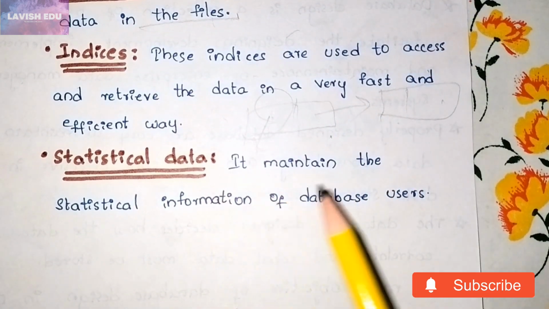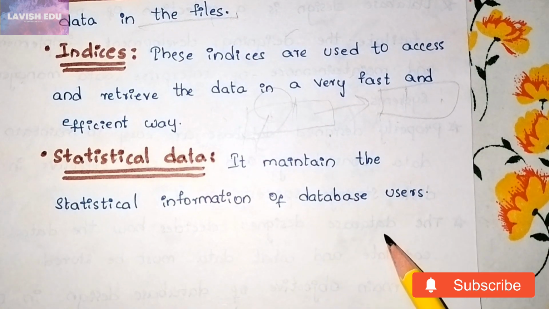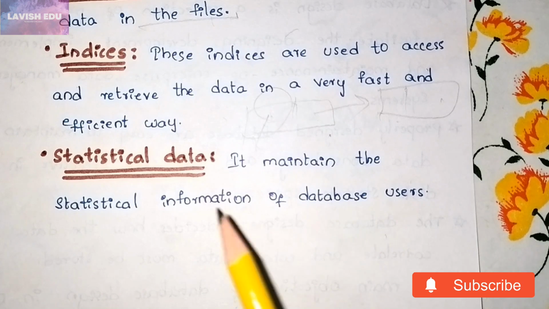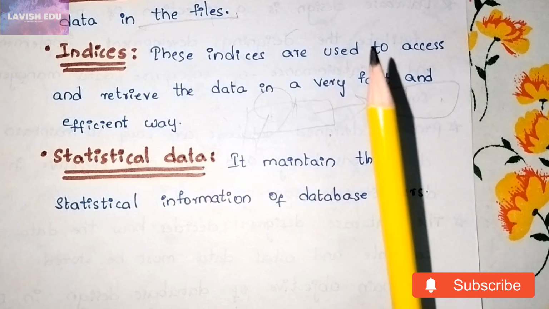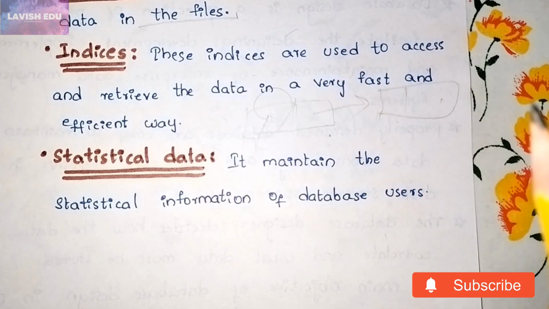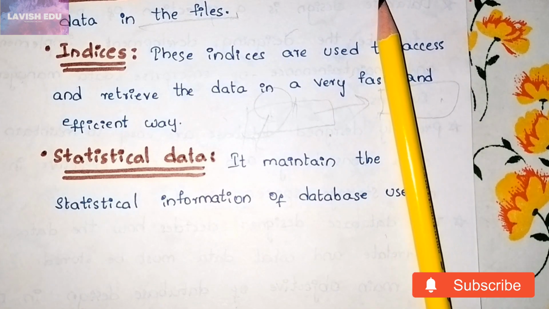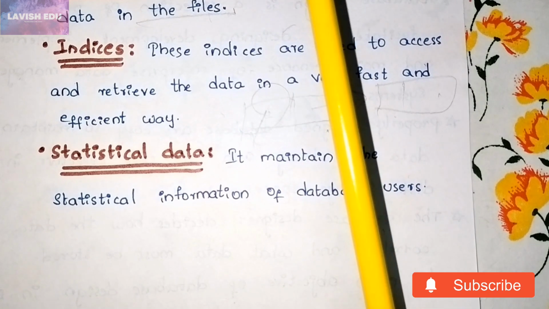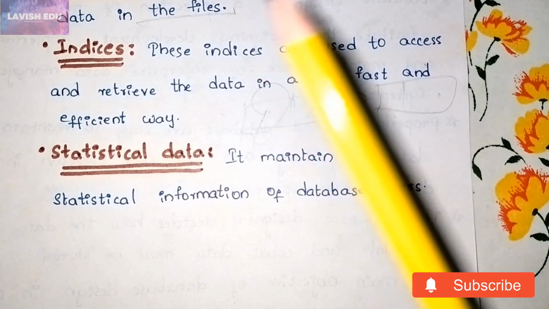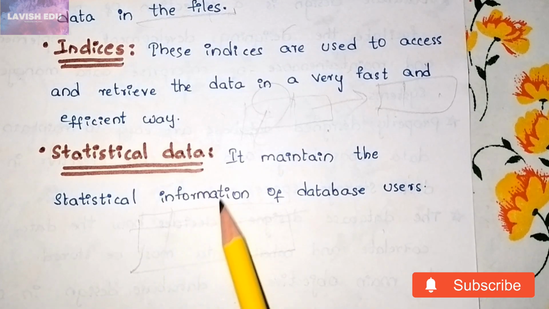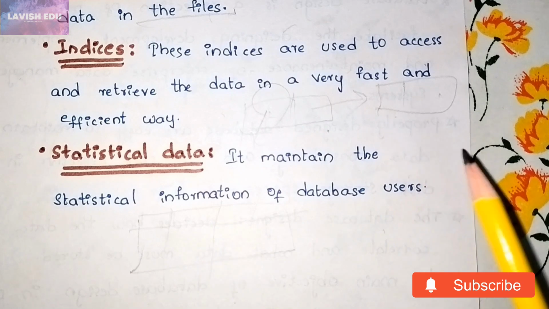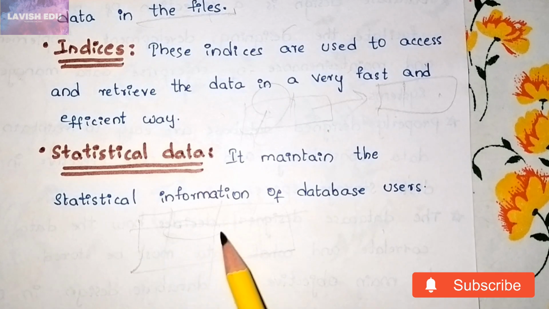Don't worry about this. Statistical data maintains the statistical information of the database user. Statistical information, in the sense that if we want to book a train ticket for traveling from Hyderabad to Bangalore, we go to the railway reservation, and there we can see the number of seats available.